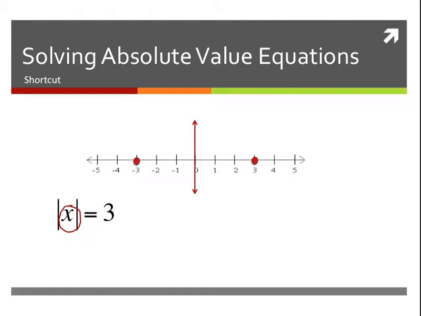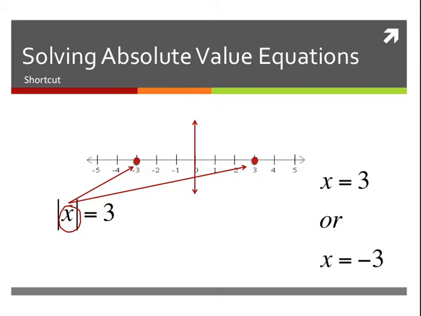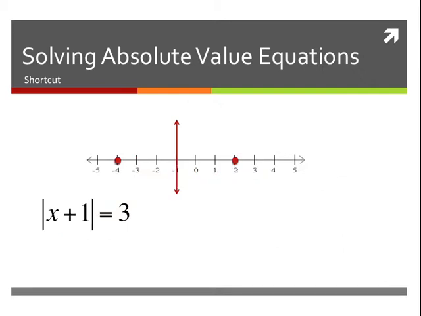So I'm going to be looking inside the absolute value symbols to the expression that's there, and I know I'm going to want to set that whole expression equal to -3 or 3. So let's take a look at this equation. The absolute value of x plus 1 is equal to 3.